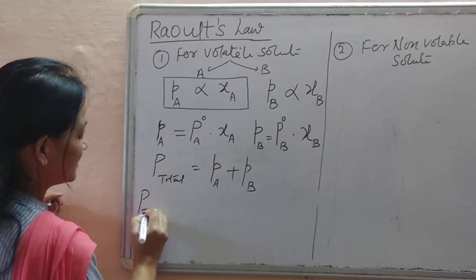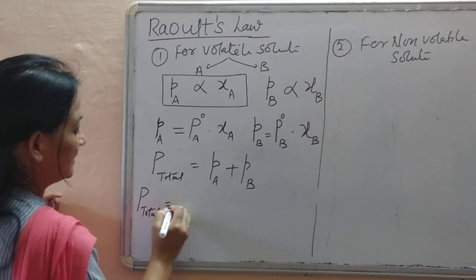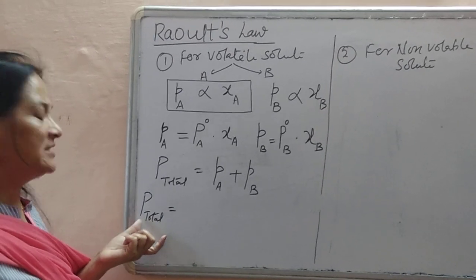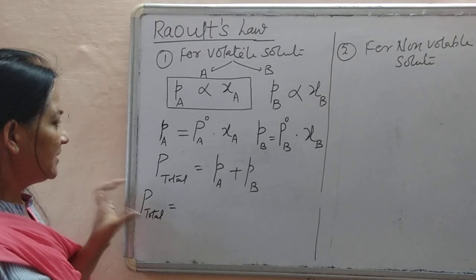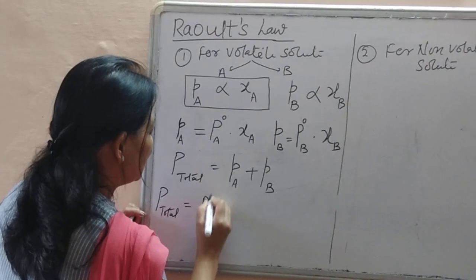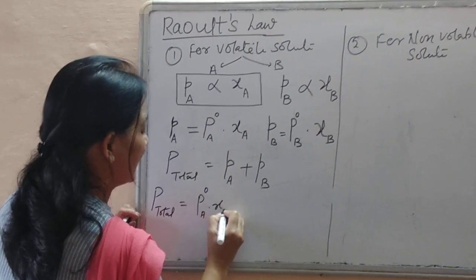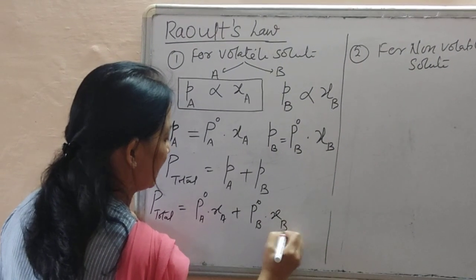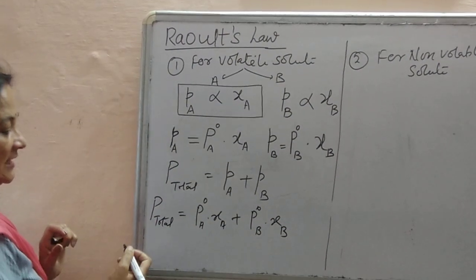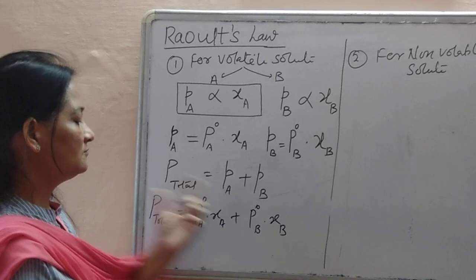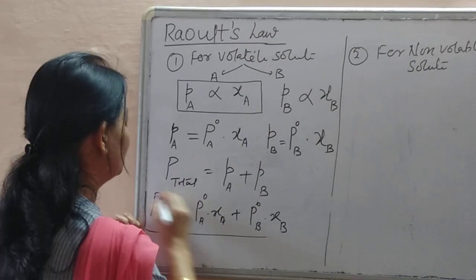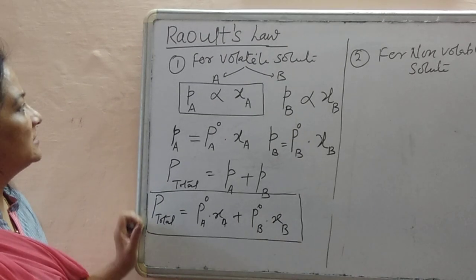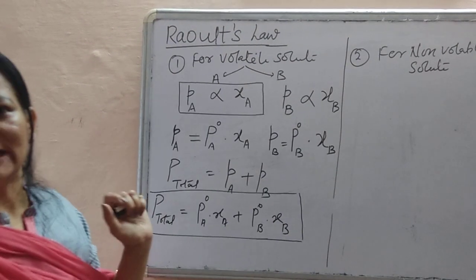So here in class 12th we will use this formula: for a binary solution containing both the components as volatile, P total will be P naught A into XA plus P naught B into XB. So we can get the total vapor pressure of the mixture. This is Raoult's law for volatile solute.